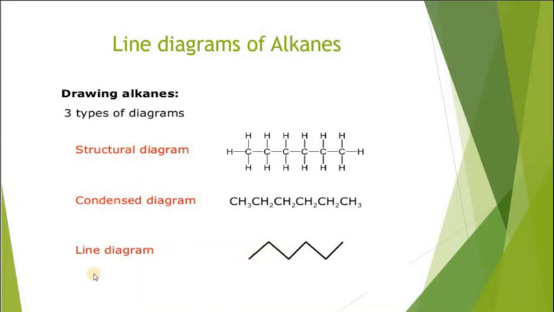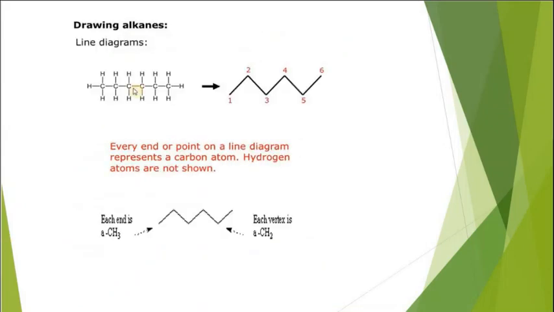Do remember, each end is a CH3 group and each vertex or elevated portion is a CH2 group which is present in between, and the terminal end is always showing a CH3 group, as it can be shown over here as well.